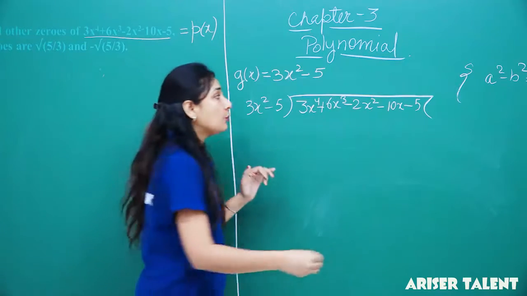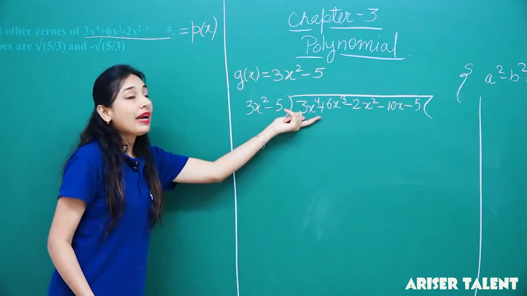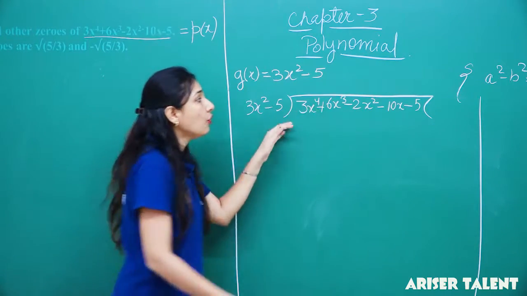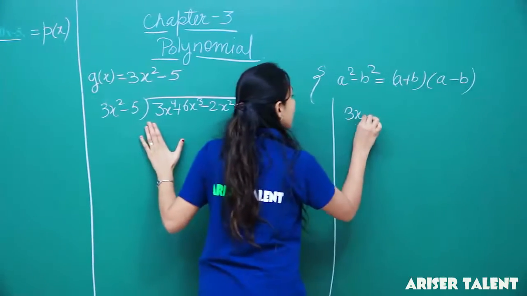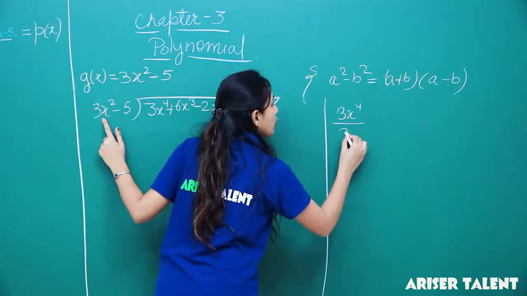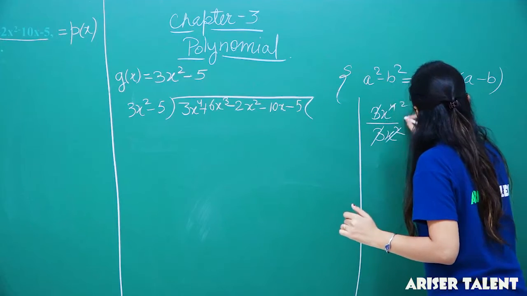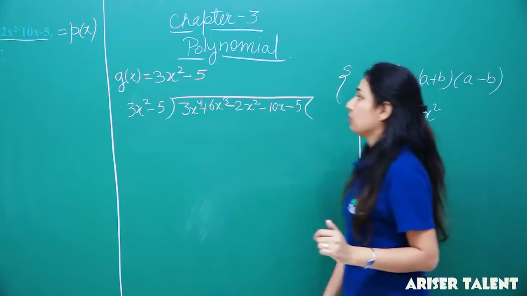Now as I have told you, the maximum degree here is 4, so write 3x to power 4 here. Divide by 3x square and cut it short, and it will give you x square.